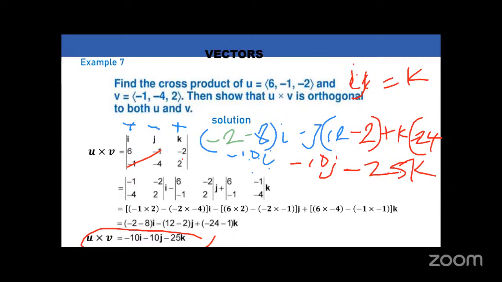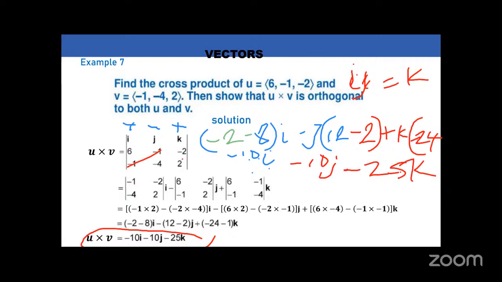The first part of the question says, find the cross product of vector U and vector V. So we have done that. Cross product of vector U and vector V is minus 10I minus 10J minus 25K.